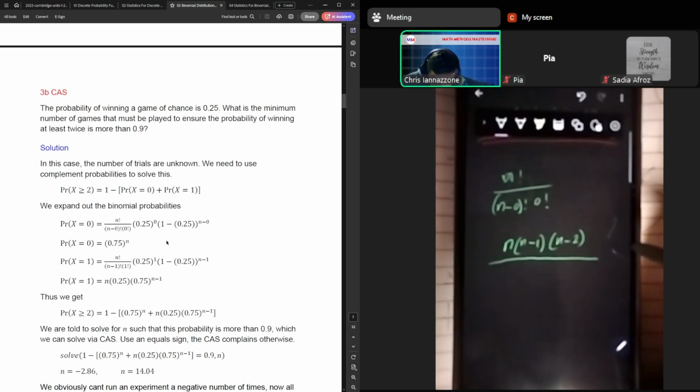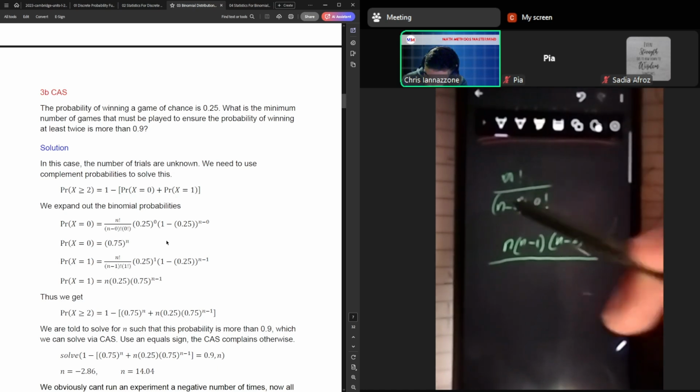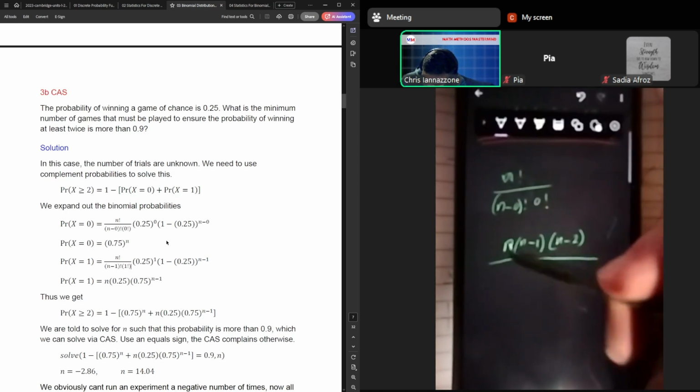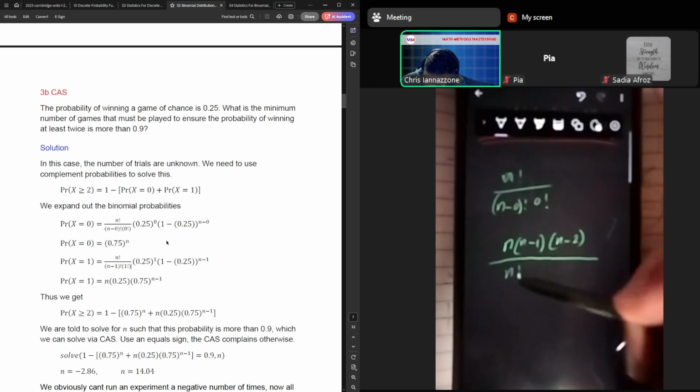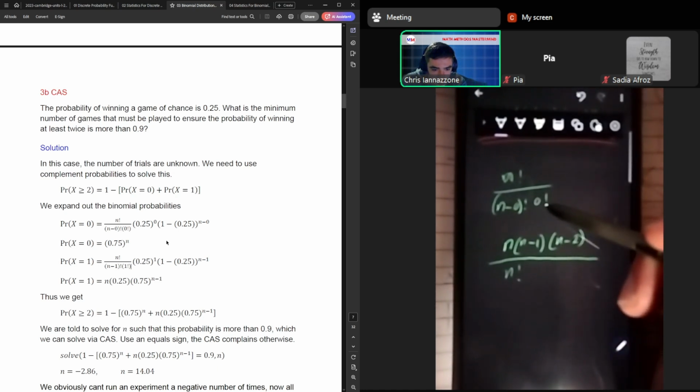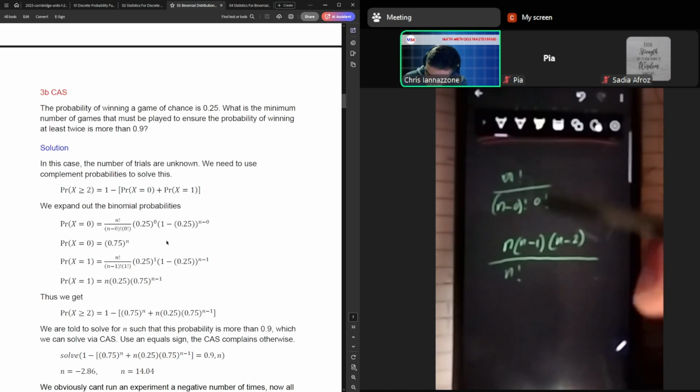As far as the denominator, this simplifies down to just n factorial. So it's going to have n factorial there. And 0 factorial is just by default going to be 1. That's just an identity. So what you're going to have is n factorial on the bottom.